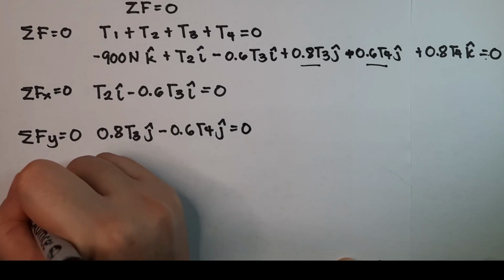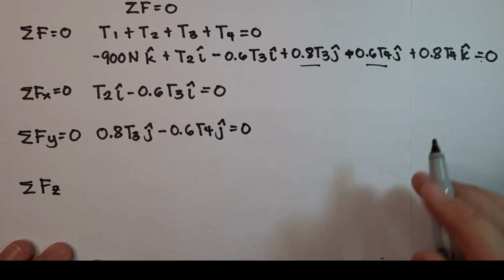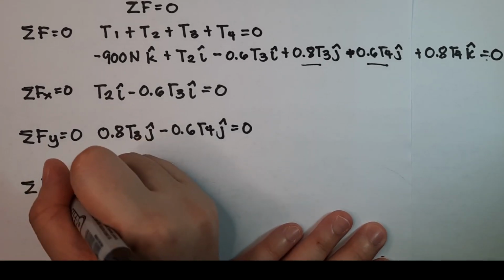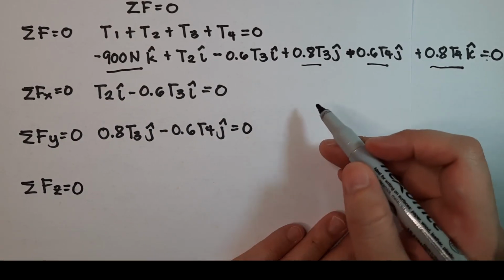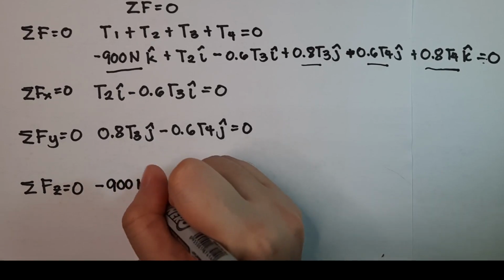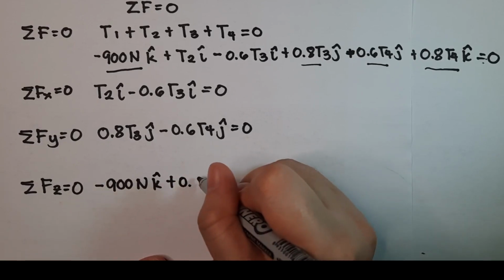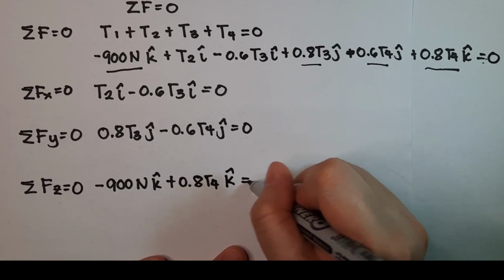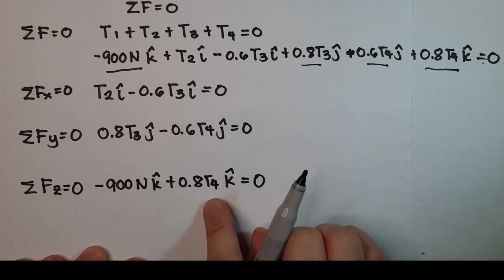And let's solve for the forces along z. How many forces do we have along the z axis? We have 2, this one and this one. So that will be negative 900 Newton k hat plus 0.8 T4 k hat is equal to 0. From this, definitely we can solve T4.